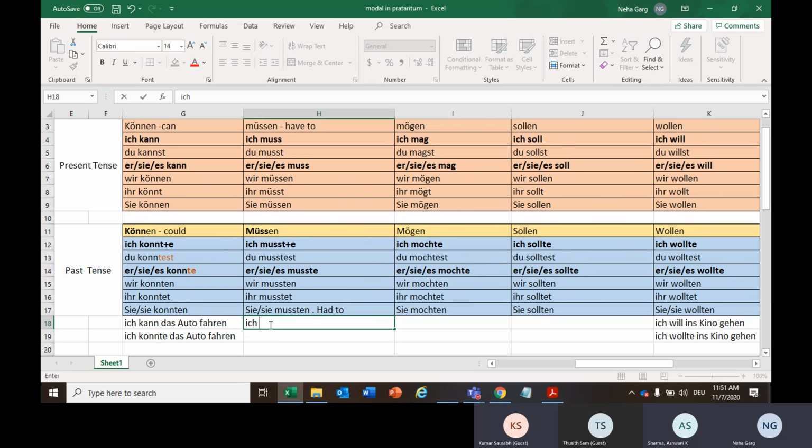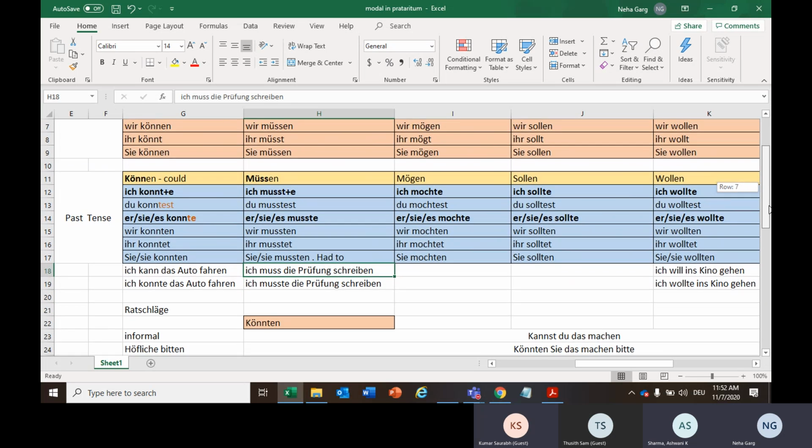Now, ich muss die Prüfung schreiben, but here, ich musste die Prüfung schreiben. So here, I must write the exam, and then, I had to write the exam.